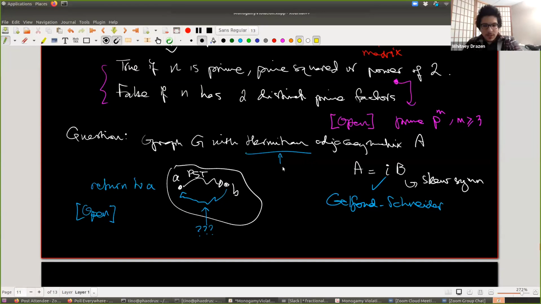I have a question. Yes. Do you have a good way of generating examples of graphs in the unweighted case that have this PST? In the unweighted case, what do you mean?